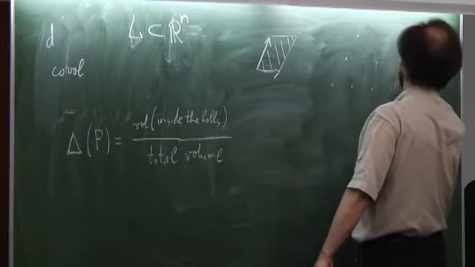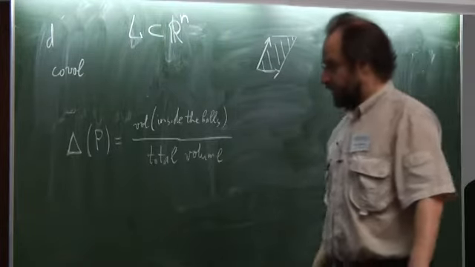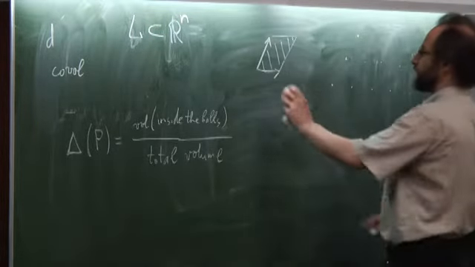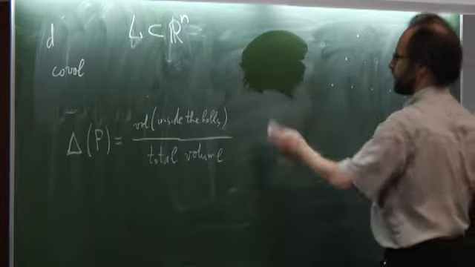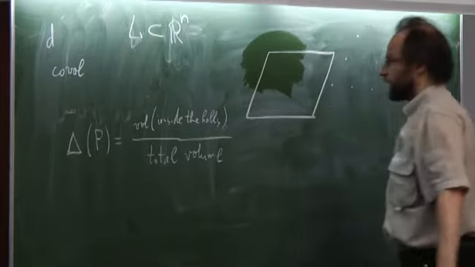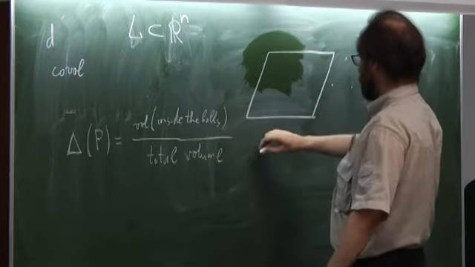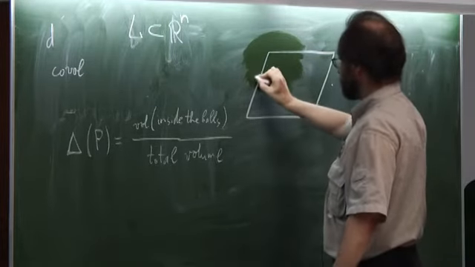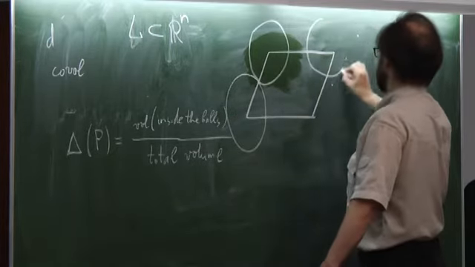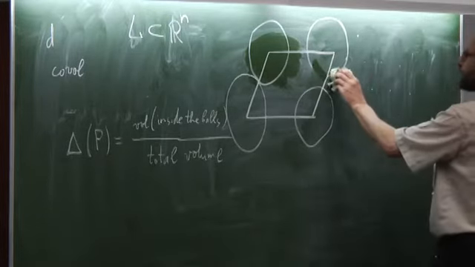So this is your lattice, and so on. Now, you take the fundamental domain here, let me draw it larger. So let this be the fundamental domain. Then you have some balls inside. So you have a ball here, and 2 to the n balls in total. These two should touch.